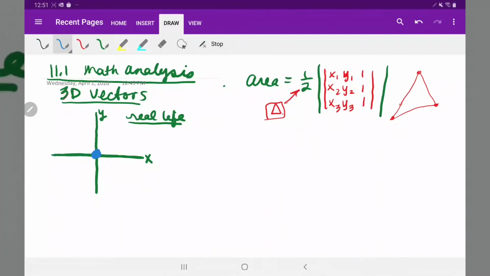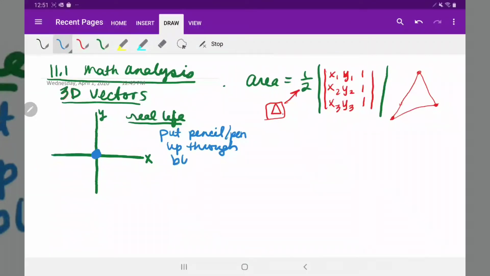And I put my pencil or pen up through the blue dot. So what you have is part of your pen going into your screen, whatever you're looking at, and one part coming out, right between your eyes and the screen.